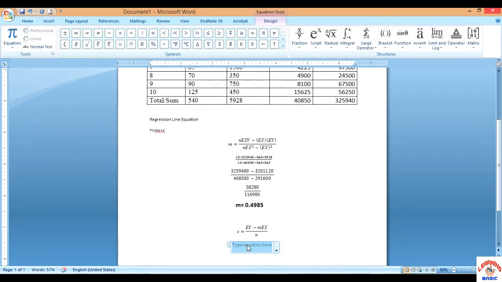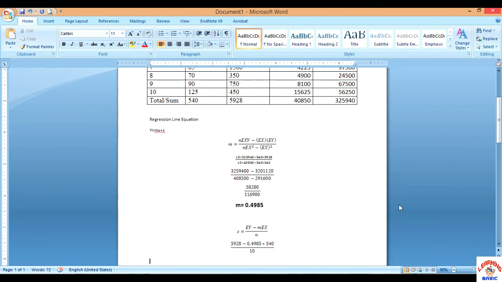Summation y is 5928 minus m is 0.4985 into summation x, which is 540, divided by 10, since n equals 10.